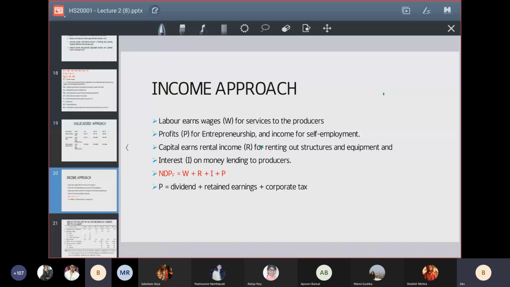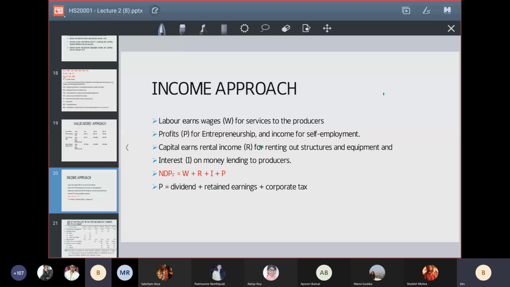The other point I would like to add here is, see, if you have a farm, then people are working, they get wages, and the entrepreneurs get profit, and where the farm is, the land or the capital or the building they have, they pay rent, and the money they have borrowed from the bank or others, they pay interest. That gives you this income approach. And as you see, your income approach provides you net domestic product at the factor cost.